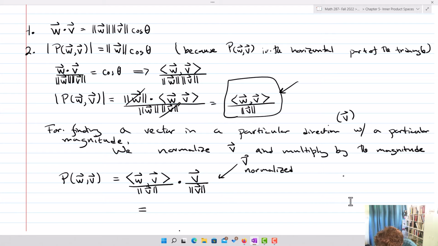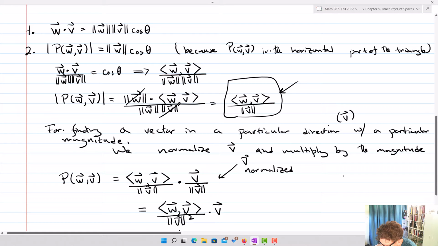And that is the inner product of W and V over the magnitude of V squared, times V. There we go.